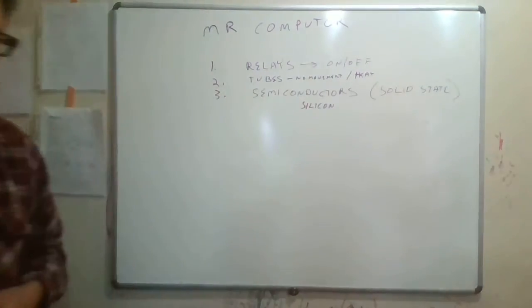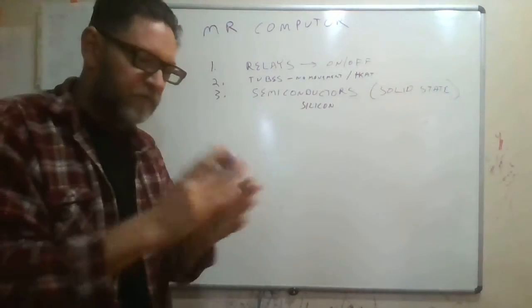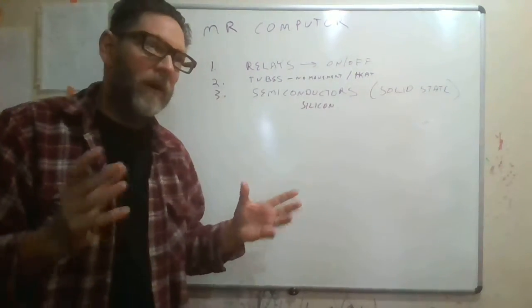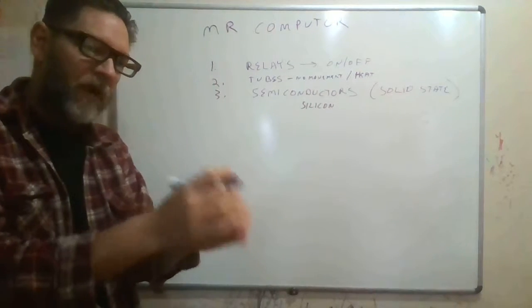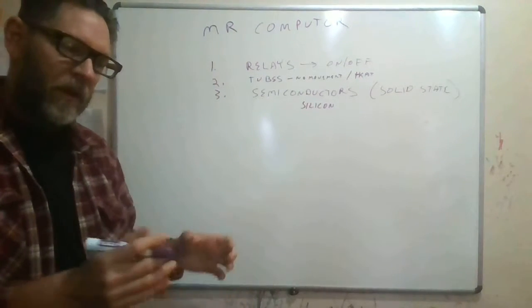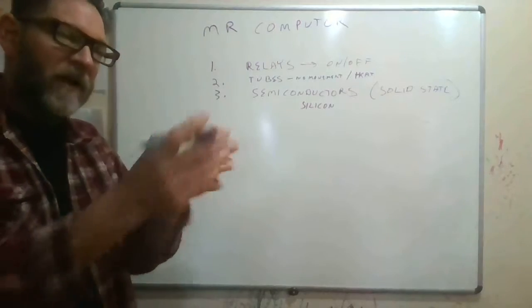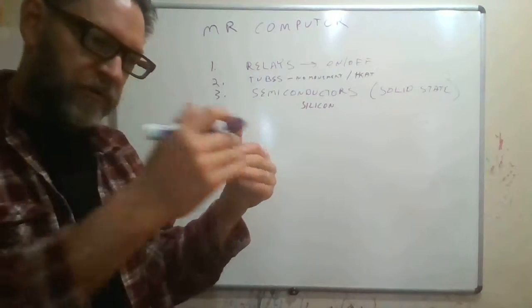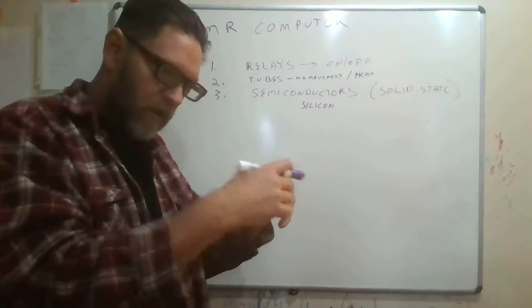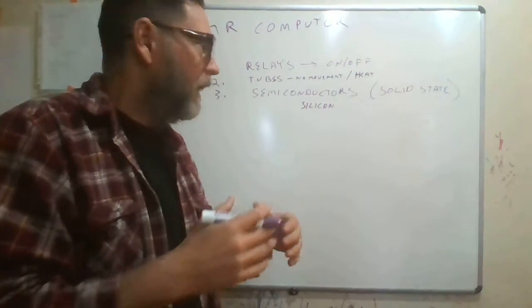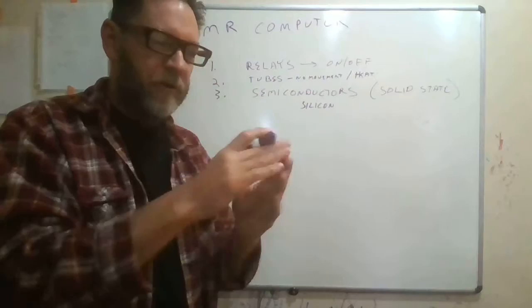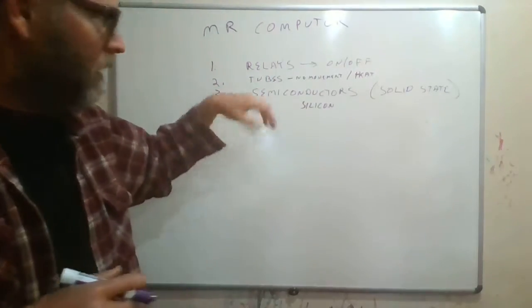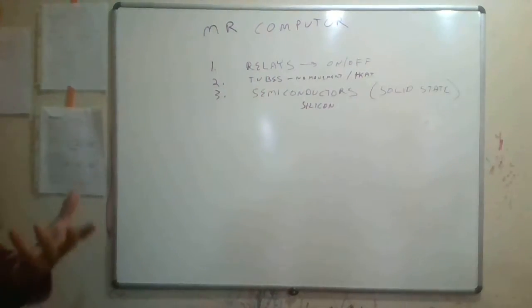So first you had the relays that physically move back and forth. Then you had an actual glass tube. And inside of it was this apparatus where it would kind of shoot electricity across the air to a heated plate, and it would work like a relay to turn electricity on and off. But it has to be up to the right temperature.